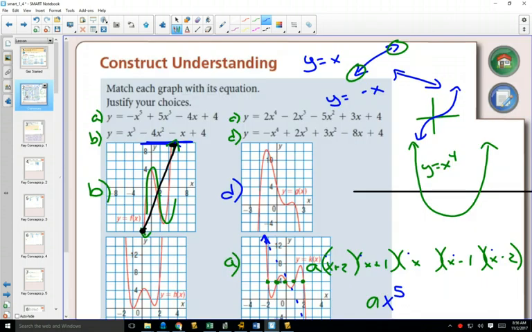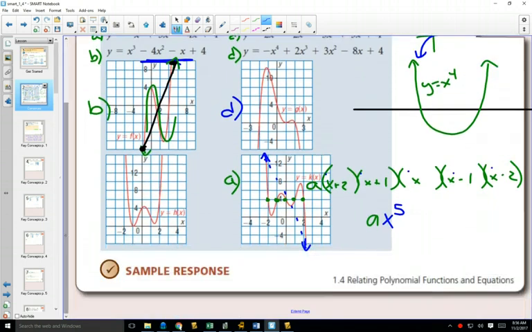One was a positive x to the 4, one was a negative x to the 4. And we've already learned that a positive parabola opens up. So the end behavior of this one, can you see that your end behavior opens up? Of course, there's some woo in between here, just like last time. But can you see how the general shape is like a parabola?